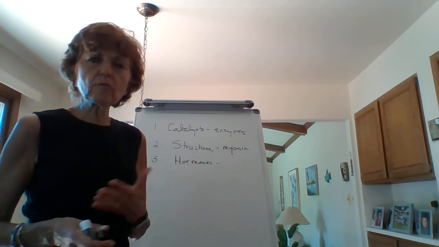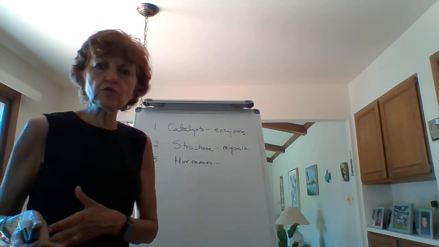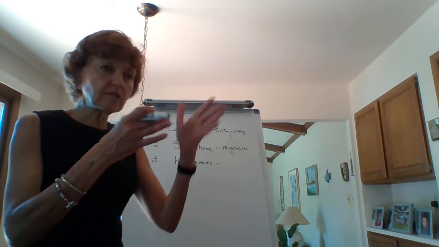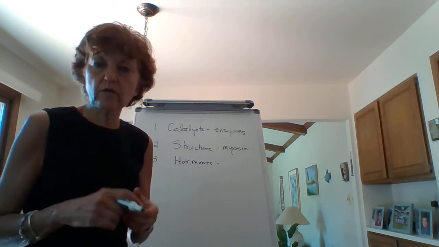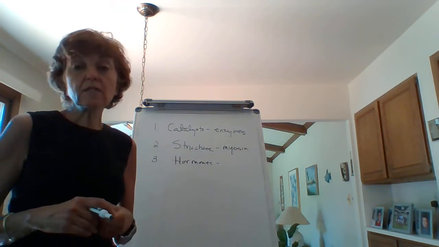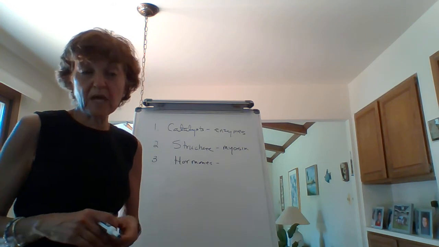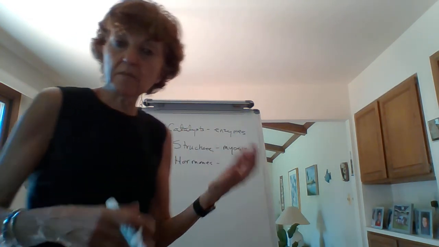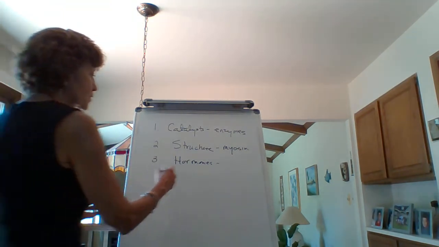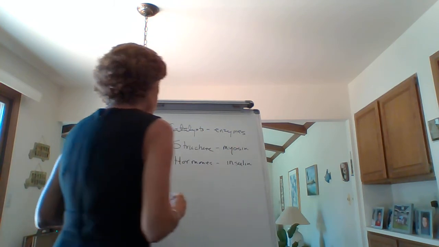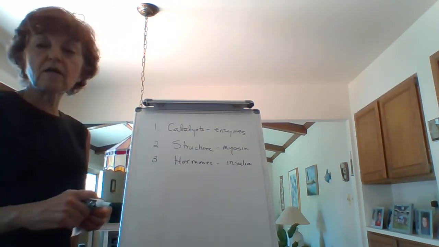In general, a hormone is just any substance that's produced in one area and then it goes through the bloodstream usually and it targets some other area. So insulin is a typical hormone. It's produced by the beta cells of the pancreas and then it goes and it targets different parts of the body, mainly the muscle. So hormones, we'll put insulin as an example of a protein that is a hormone.